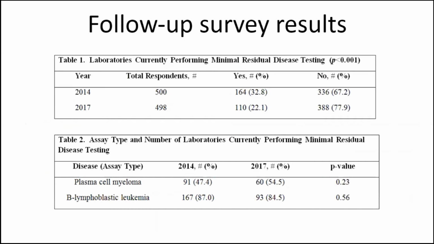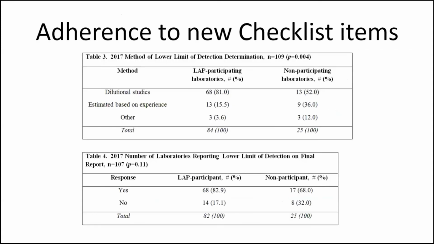Compared to 2014, fewer labs are performing MRD testing in 2017. There was no significant change in the proportion of labs performing MRD for B-ALL or myeloma. More labs that participated in LAP validated their lower limit of detection with dilutional studies than those that did not participate.